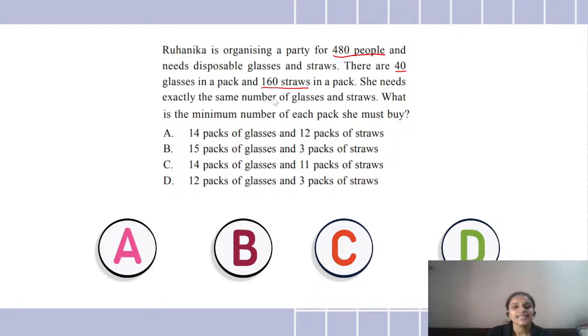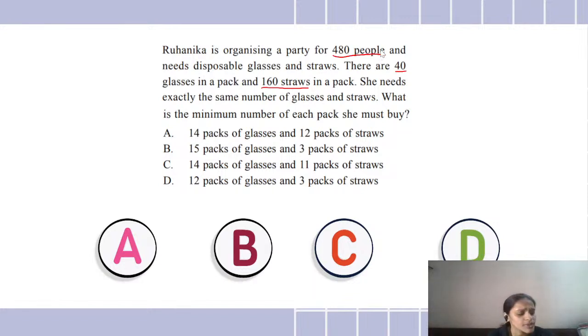She needs exactly the same number of glasses and straws. 480 people हैं तो उतने glasses और उतने straws चाहिए, same, right? So what is the minimum number of each pack she must buy? पर एक पैक में 40 glasses आएंगे और एक पैक में 160 straws आएंगे, तो हमें कम से कम कितने पैकेट्स ऑफ ग्लासेस चाहिए और कितने पैकेट्स ऑफ स्ट्रॉ चाहिए ताकि मेरे 480 पीपल को ग्लास और स्ट्रॉज मिल जाए.